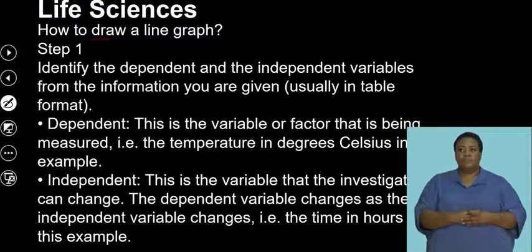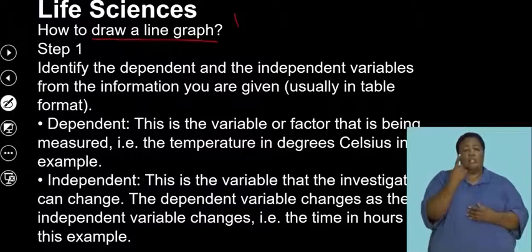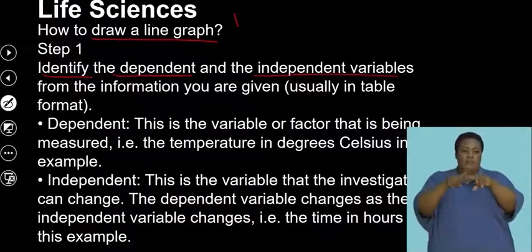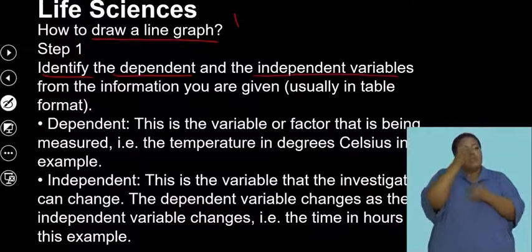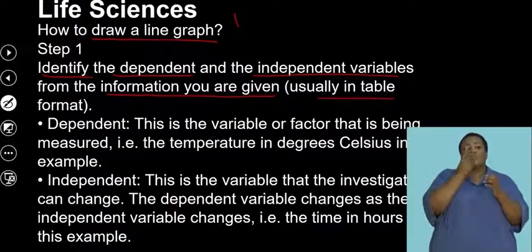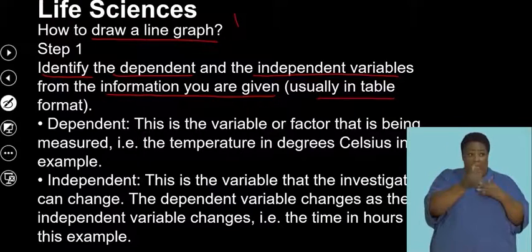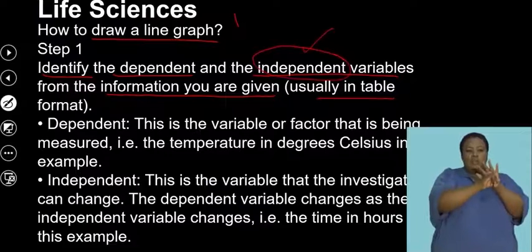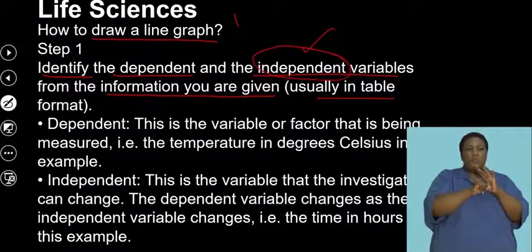Let's see how to draw a line graph in life sciences. So the first step is identifying what the dependent and the independent variable is. And we look at the information, and that's established by usually looking at the table. So if you've got the table, and you know that the table we've just looked at has the independent variable on the vertical column, and we identify that first, and that's important to us, identifying where to place that.